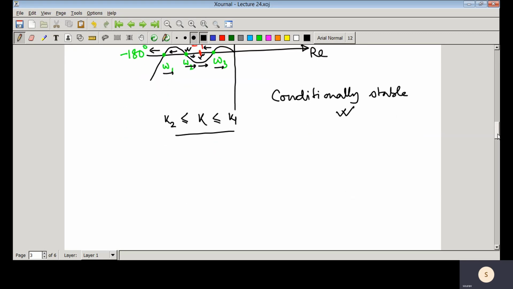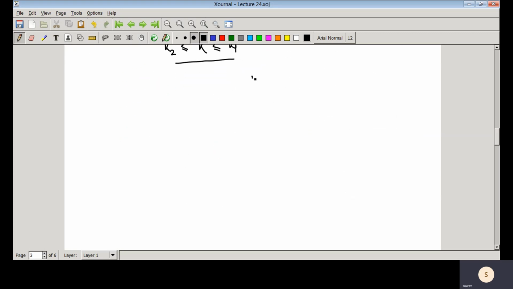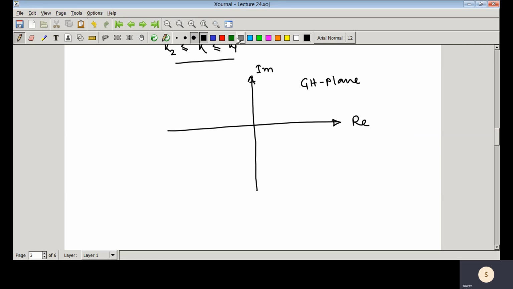So now let us see, whenever you have multiple gain crossover frequencies, how to handle that situation. Again, this is the real axis, this is the imaginary axis, and this is the GH plane. Suppose we have drawn one unit circle because we need to find the gain crossover frequency.